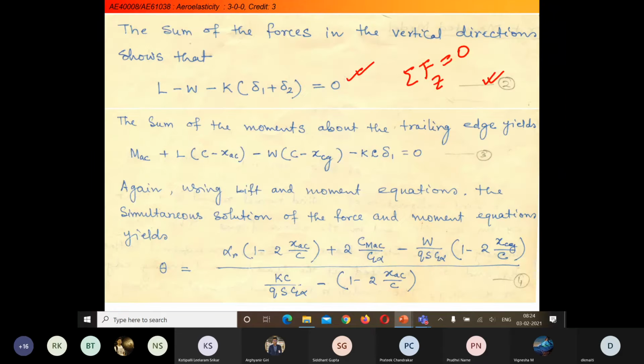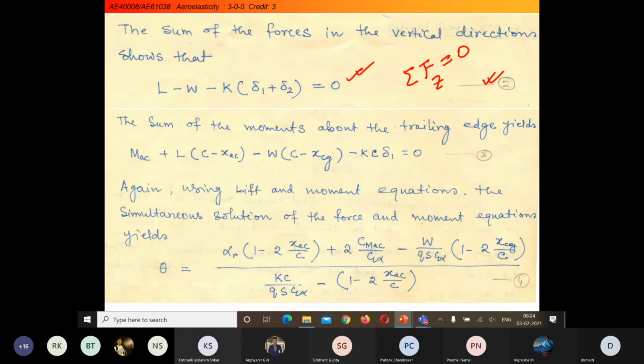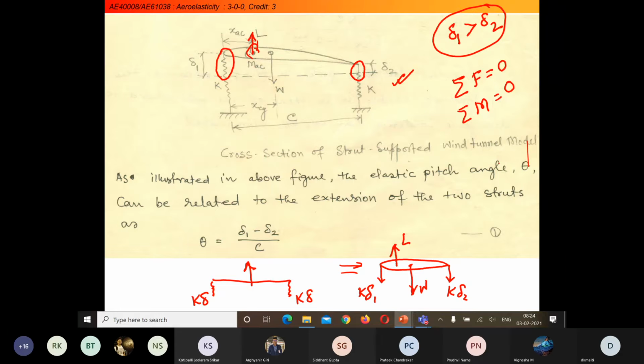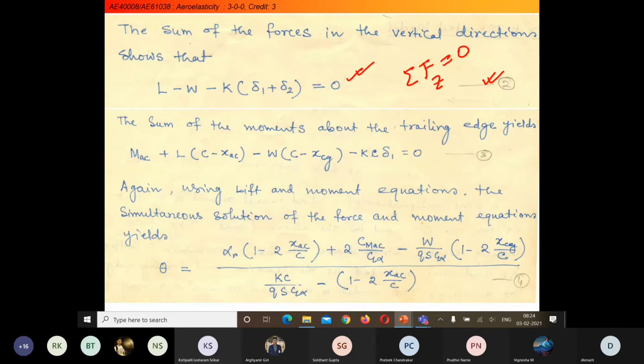If you look here, I have taken MAC, the moment at the aerodynamic center due to zero angle of attack, meaning if there is no angle of attack, still MAC is there. That is due to the cambered aerofoil cross section. Then I have this lift multiplied by the distance. The distance is xcg from the leading edge, so the distance will be c minus xcg, c minus xac.